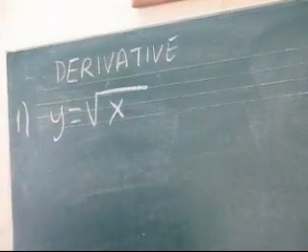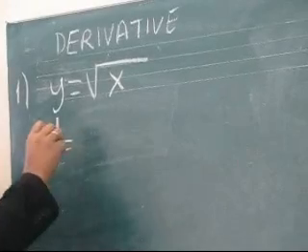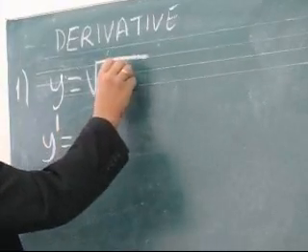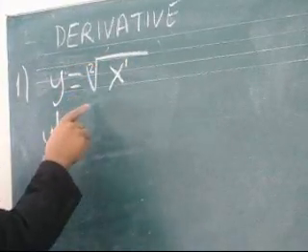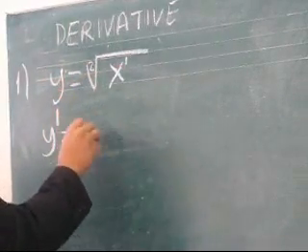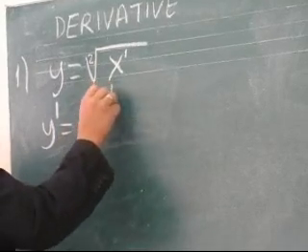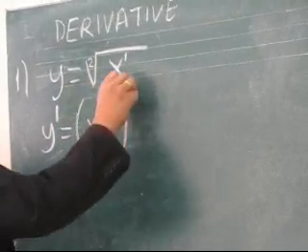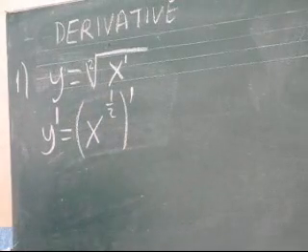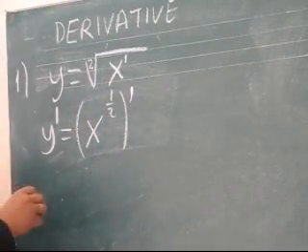The method is the same. The derivative of this function is equal to, because it is a square root, here is 1 and here is 2. It can be shown as x to the 1 over 2. We will go on with the same procedure and get the result.